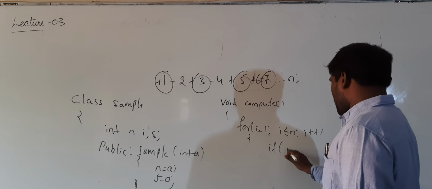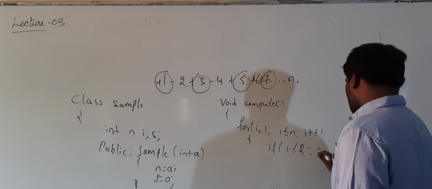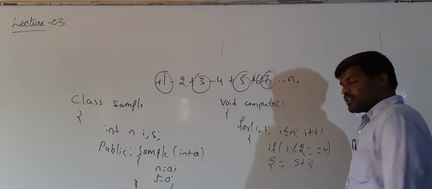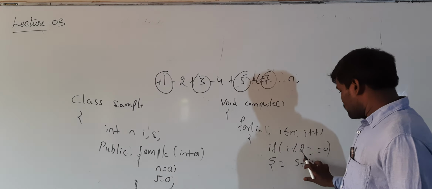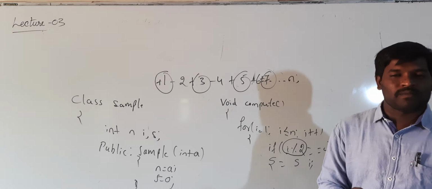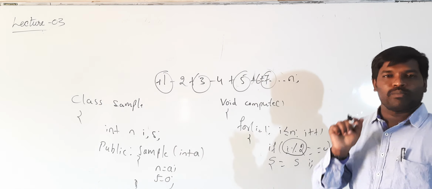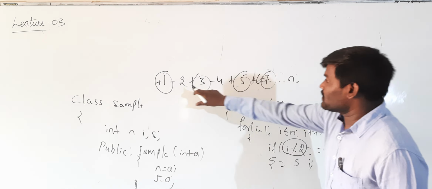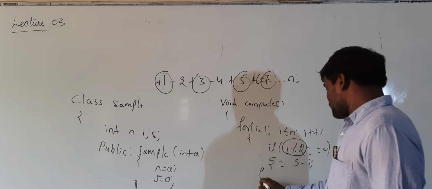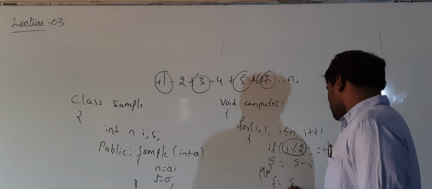So if i mod 2 is equal to 0 and it is true, then by default it is an even number. See here, even number sign is negative. That's why s is equal to s minus i. Else s is equal to s plus i.